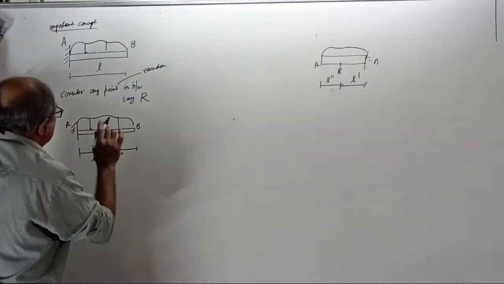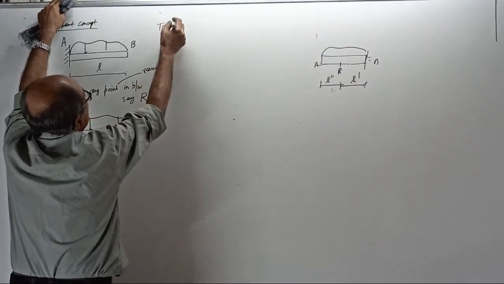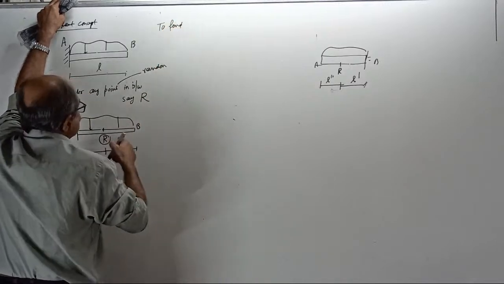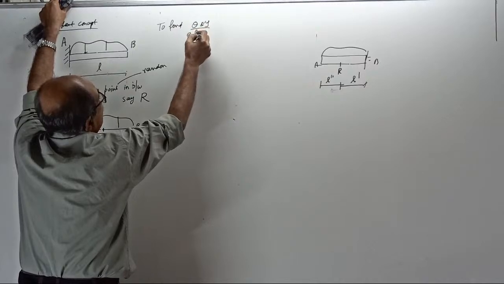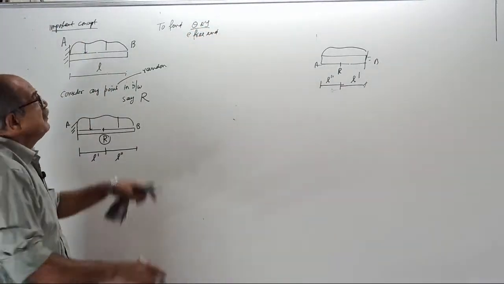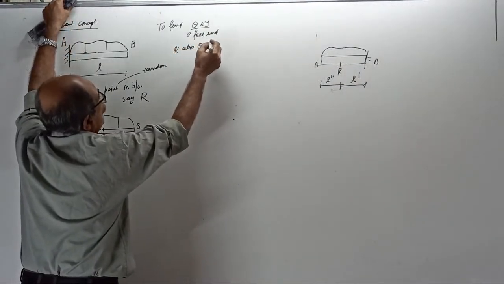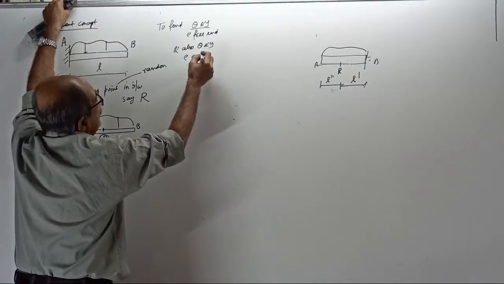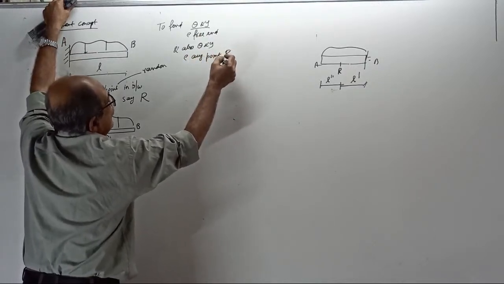Now, suppose you want to find the slope and deflection y at the free end, and imagine the formula is not applicable. You may also require theta and y at any point, say R, that random point.